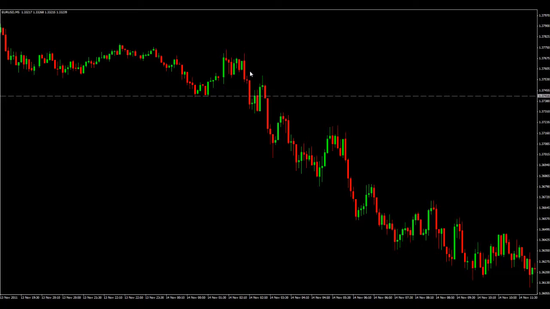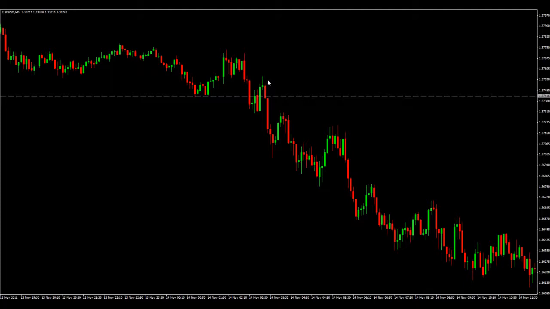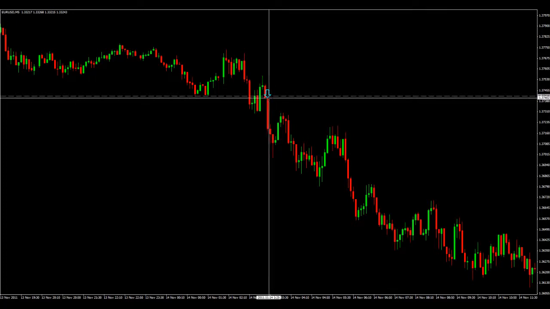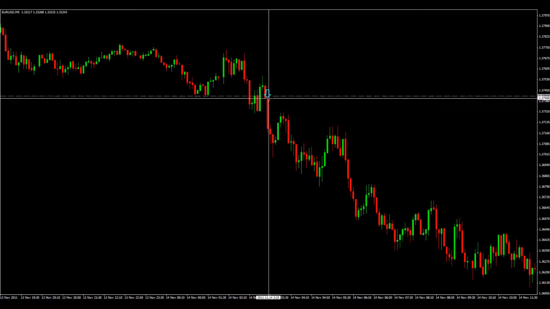The particular strategy that I was using was: whenever you have a support line and price comes down and breaks this support line in a downward move, we wait for price to retrace back above this support line, and once it re-breaks the support line again, we take the trade. So this would be a put right here that we would be taking at the very top of this candle. As soon as that candle closes and ends under our support line, we'd be taking a put right there.